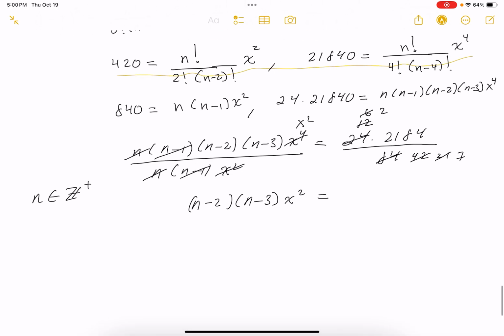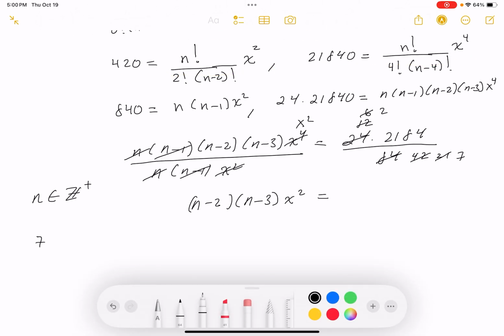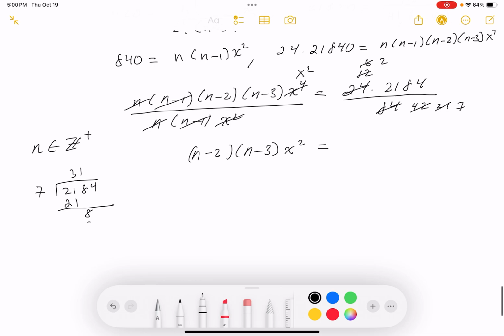And then I'm going to divide 7, do it on the side for you, into 2184. 3, you get 21. You get 8, that would give you 1. 7, that gives you 1. 14, you get 2. So what am I left with? I'm left with 2 times 312.